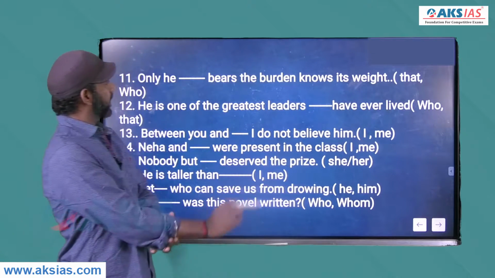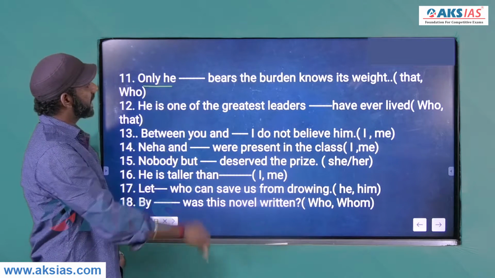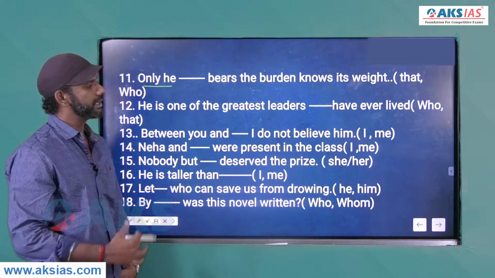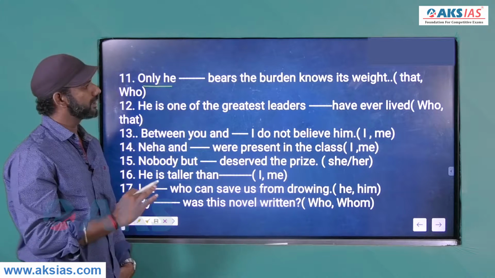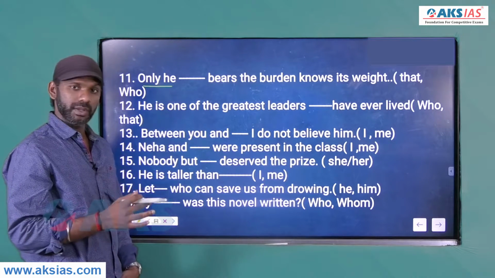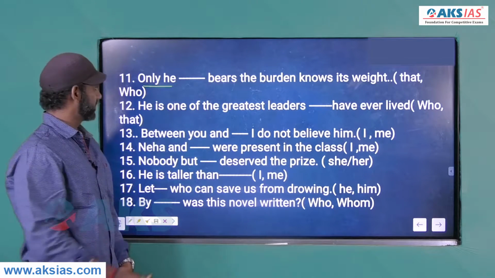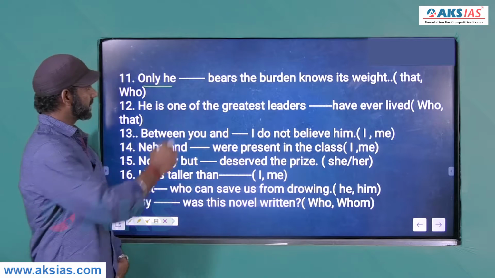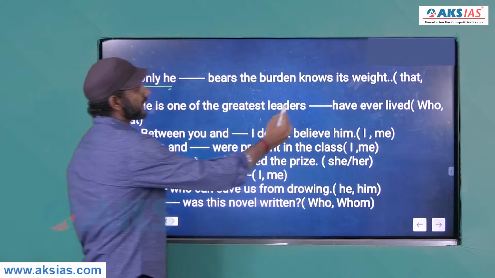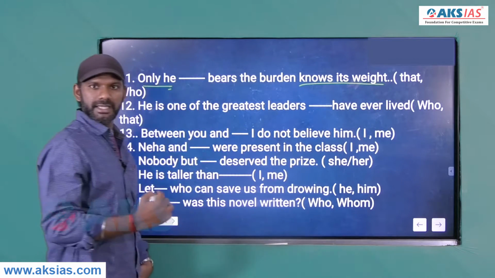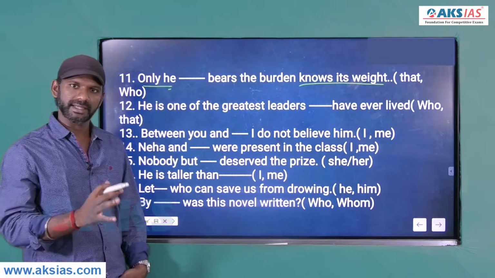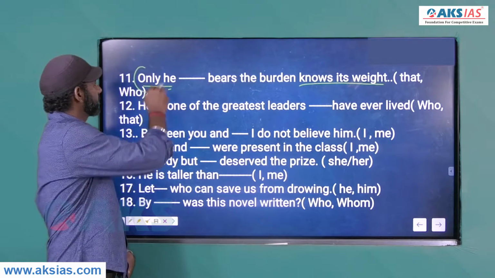Come on, next one. Only he dash bears the burden knows its weight. Right? The options are that and who. Both are correct actually. Only he. So action related to he is knows the weight. That means he is doing the action, subject, it can be who. But in this sentence, we have only.